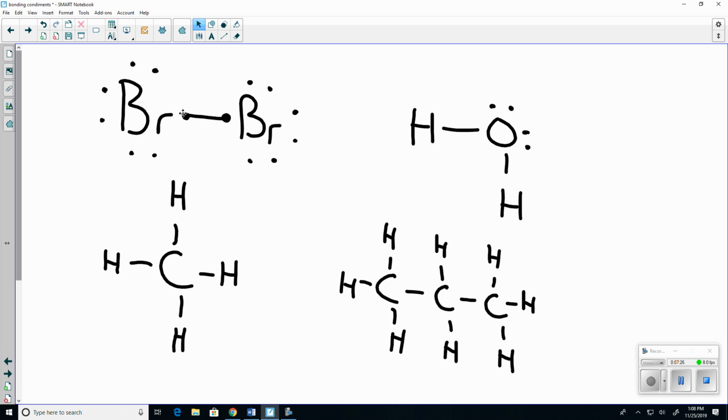But this is meant to be your introduction into a new way of showing Lewis dot structures. And what you have to remember is regardless of ionic versus covalent, the goal is still the same, 8 electrons. The difference now is that line in between each atom counts as 2 electrons.